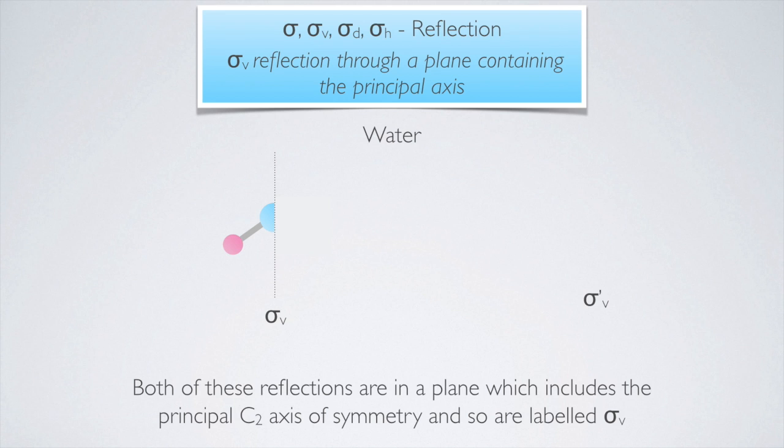So let's look at sigma V first, and that's reflection through a plane containing the principal axis.